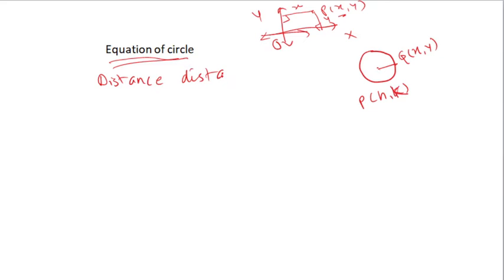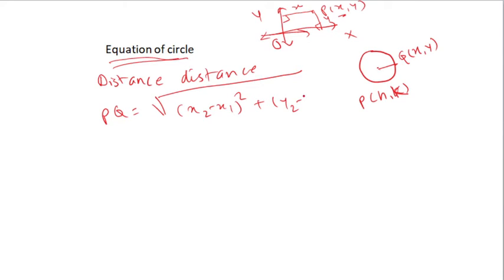The distance PQ is equal to the square root of (x2 minus x1) squared plus (y2 minus y1) squared. Remember this. Now, according to this, try to find the radius of the circle, that is PQ. This is the fixed distance. Suppose this is your point x1, y1.